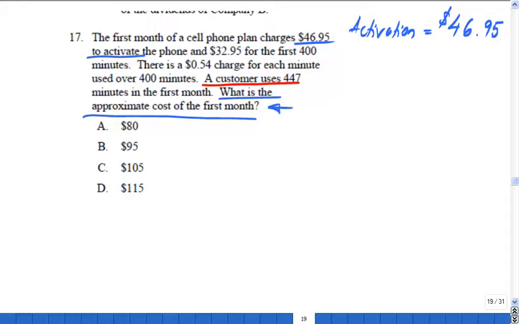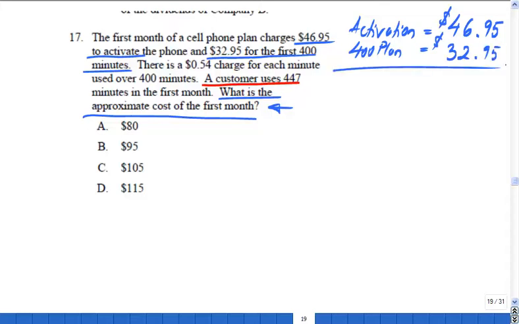Well, what else? Well, you're buying this phone, you're activating it, and you are enrolling yourself in this plan. That is $32.95 for the 400. So I will say the 400 plan is actually going to charge you monthly probably $32.95.